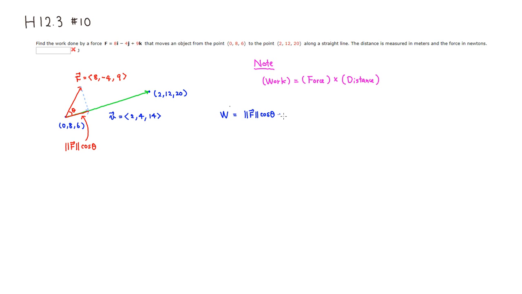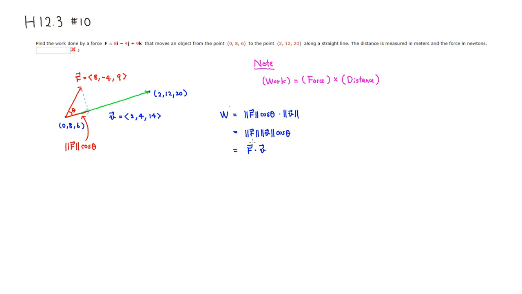The distance is the magnitude of V. If you rearrange it, this is the magnitude of F times the magnitude of vector V cosine of theta. This looks very familiar, because by the law of cosines for vectors, this is the same thing as the dot product of vector F with vector V.